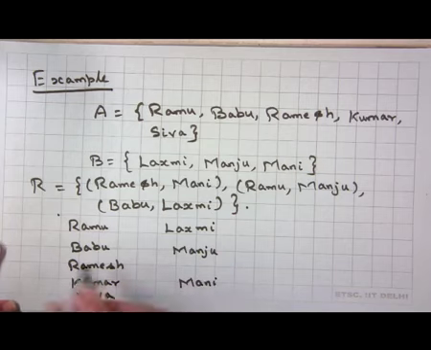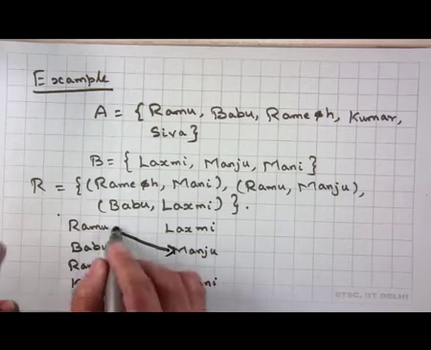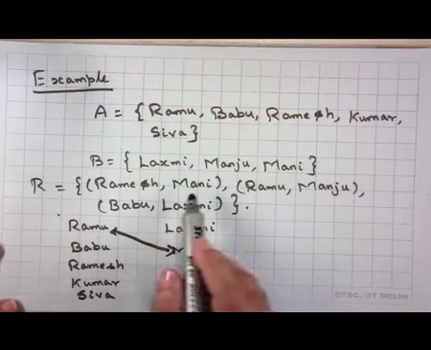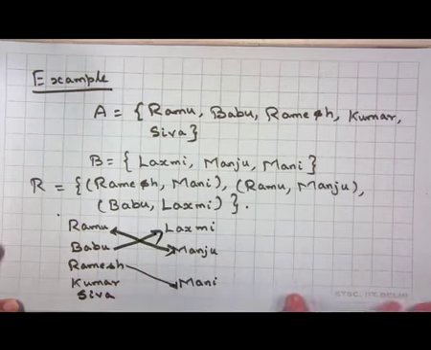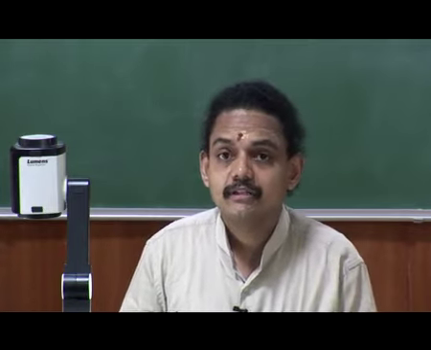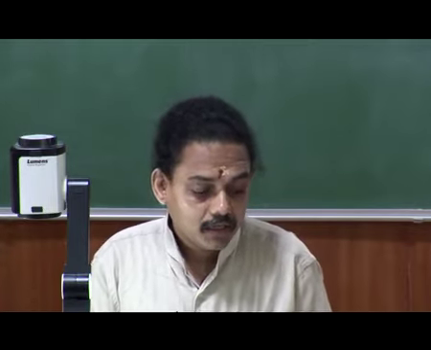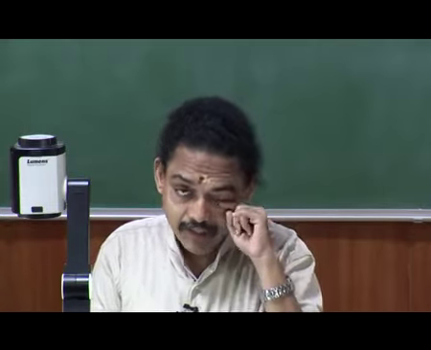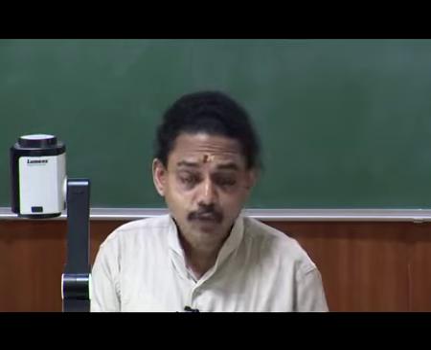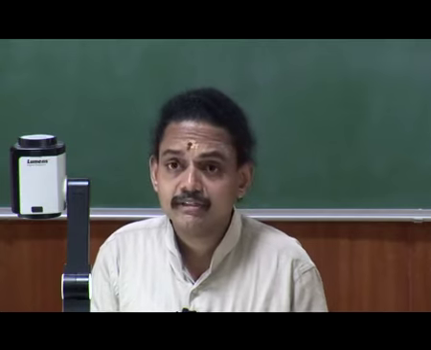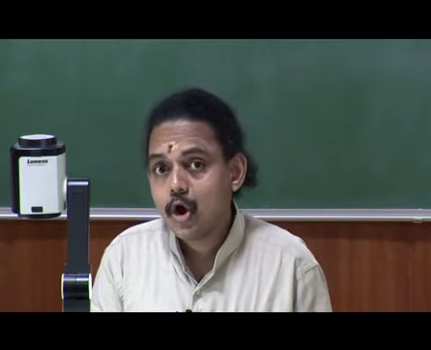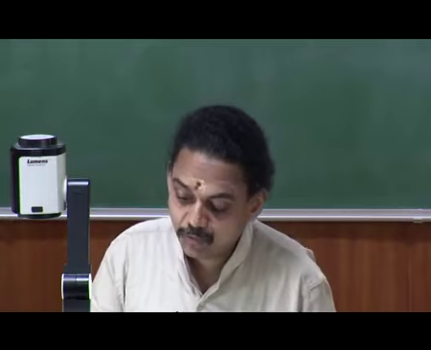So, Ramu is related to Manju, and Ramesh is associated to Mani, and finally, Babu with Lakshmi. These are the things. If you look at the previous two examples, in the second example, only very few elements are mapped to elements of the second set, only 3 elements of the first set or set A are mapped to or related to elements of B.